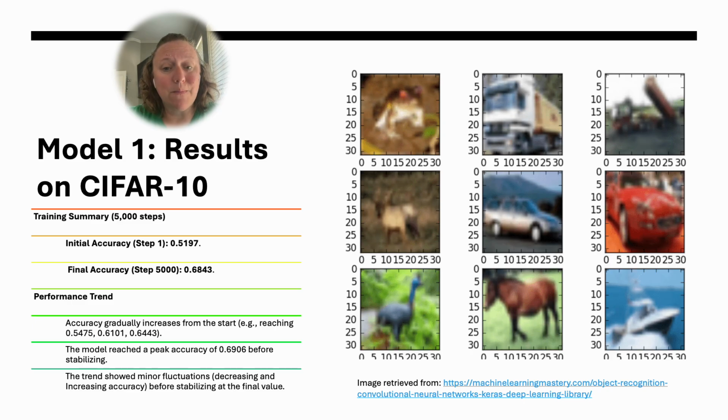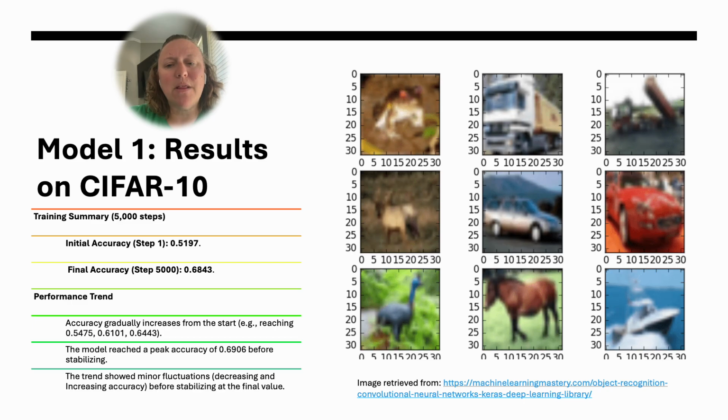The optimizer, in this case we used Adam, updates these parameters to minimize the loss. This process will repeat for 5,000 steps, with the model gradually learning to extract relevant features and make more accurate predictions. We evaluate the accuracy every 100 steps on the test set to monitor the performance without using test data for training.